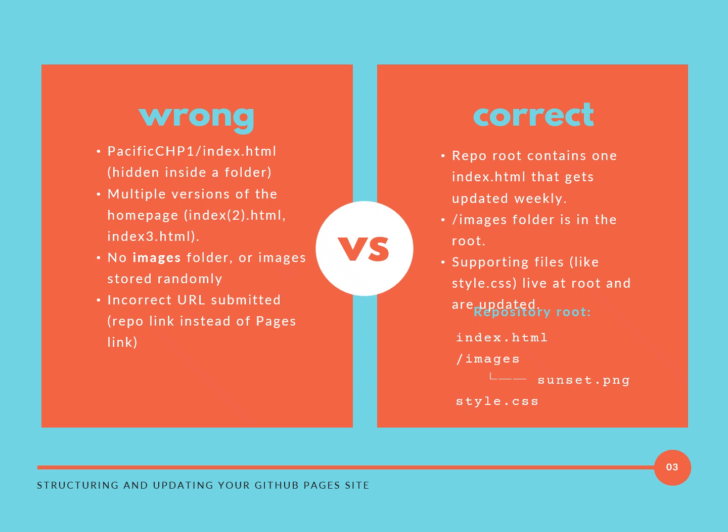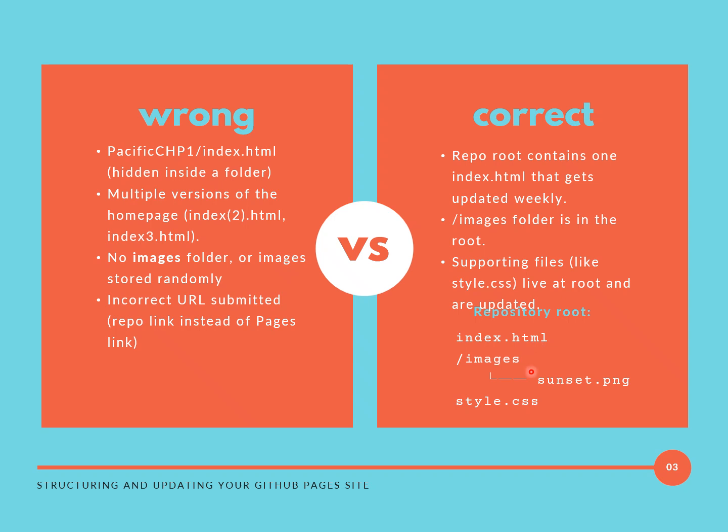Now, the correct approach is really simple. At the root of your repo, meaning the very top level, you should have your index.html file. So if I were looking at this as my repo root, then I'm going to have index.html, and all of my files are going to be listed within that top level.